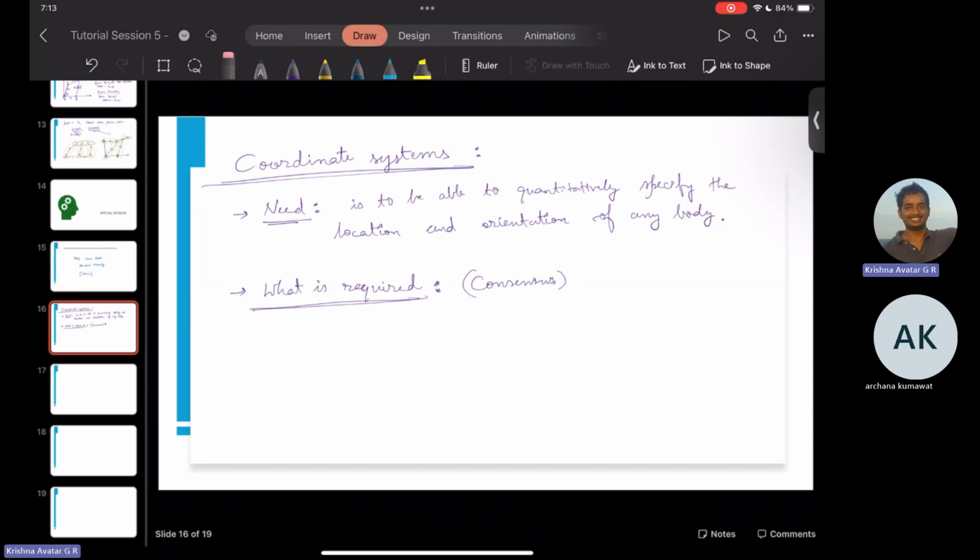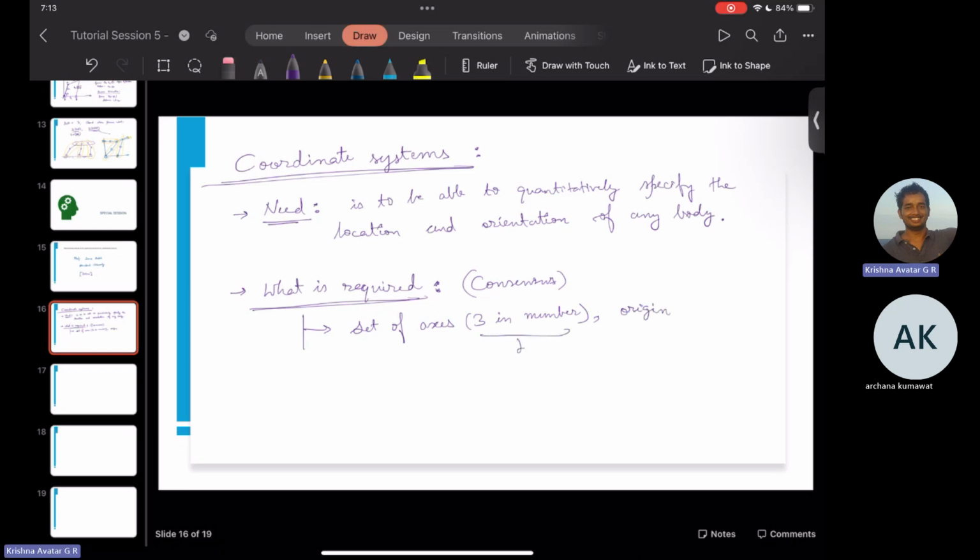What is required to build a coordinate system? We require a set of axes, and it should be, of course, three in number, and an origin.